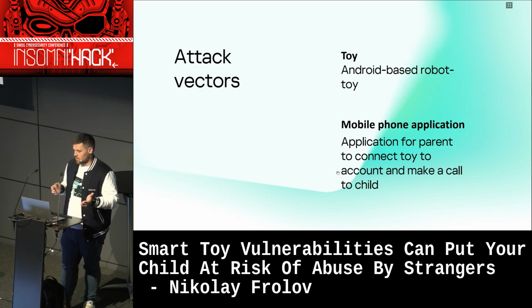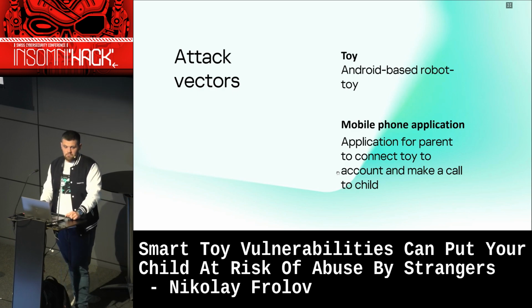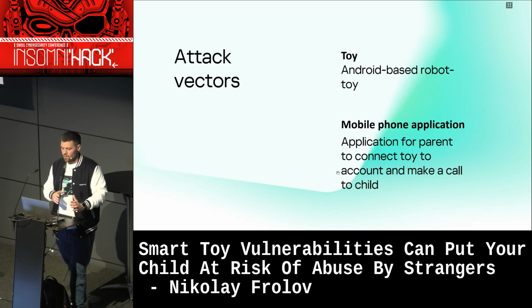With that application, a parent could find information, like the progress of his child in education. So that's an application for control. And one more thing: this application makes it possible to make a call from the application to the toy and from the toy to the application.